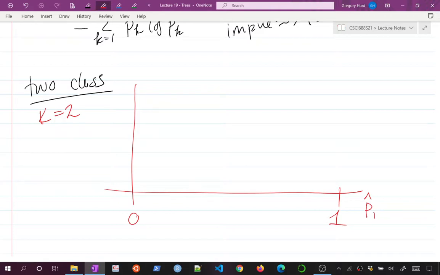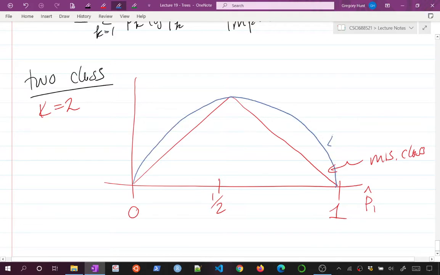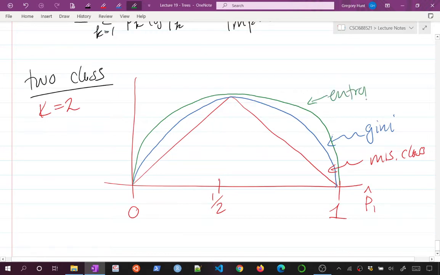My misclassification rate looks like a triangle, where its peak is at a half. So this is the misclassification rate. My Gini index looks something like this. And my entropy looks something like this, where all of these hit a value of 1 over K.